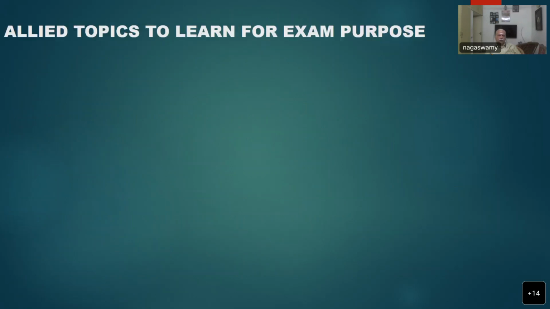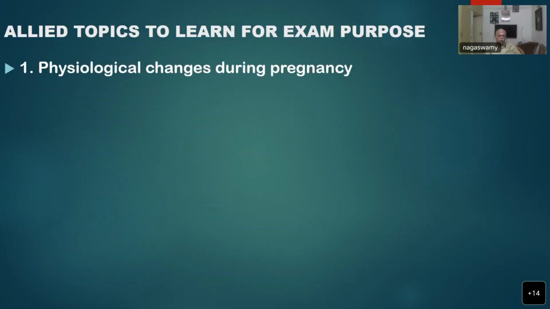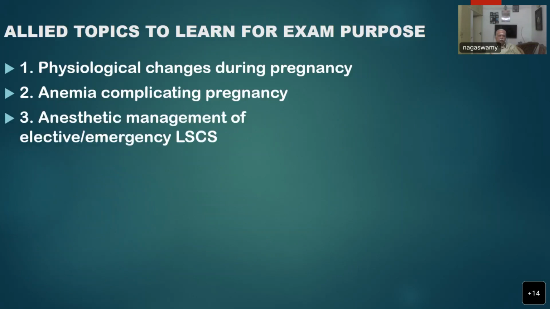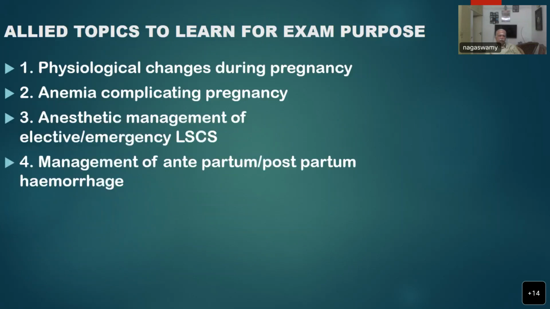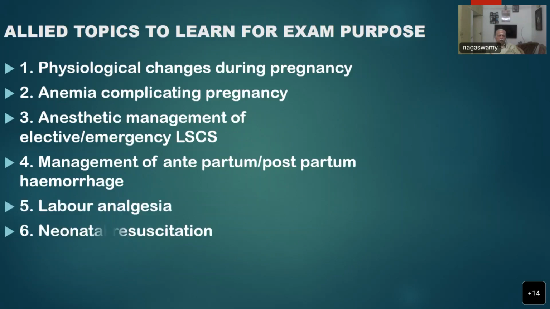Now, the allied topics that examiners may ask you are physiological changes during pregnancy, anemia complicating pregnancy, anesthetic management of elective and emergency LSCS, management of antepartum and postpartum hemorrhage, labor analgesia, neonatal resuscitation, uteroplacental circulation.